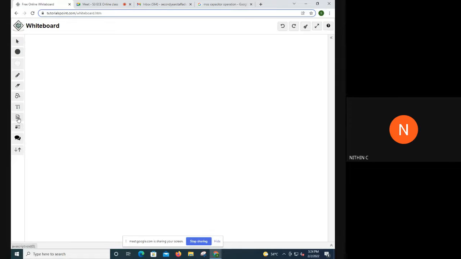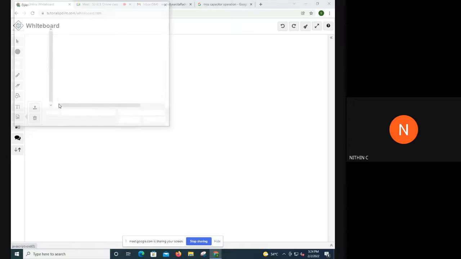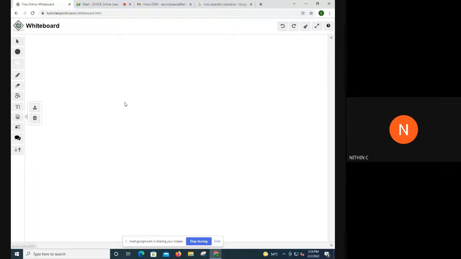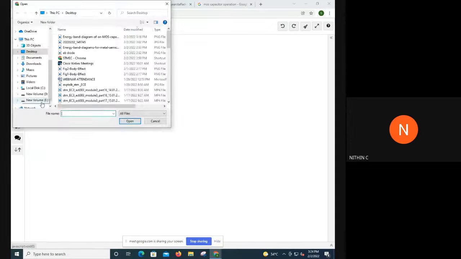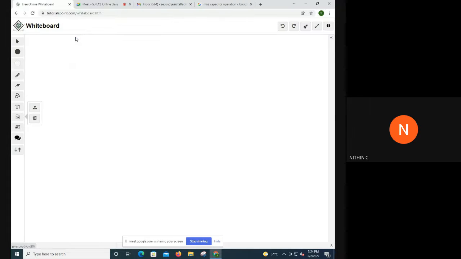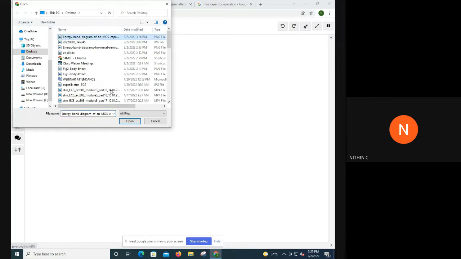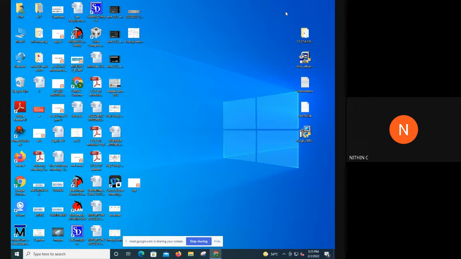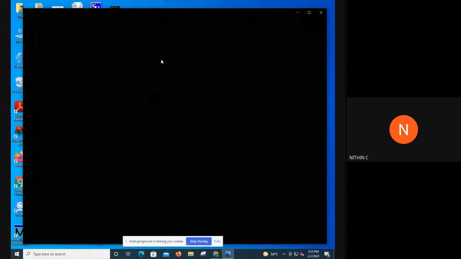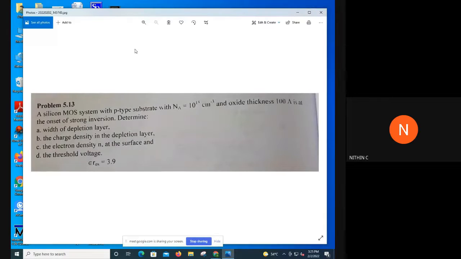So can write this question. ഈ ക്വസ്റ്റ്യൻ എഴുതാം.